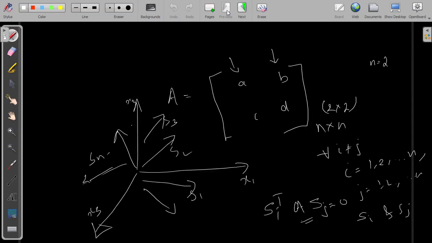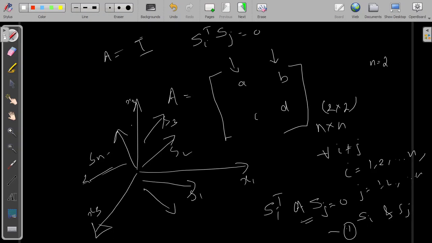Suppose in our previous definition of conjugate directions we put the A matrix equal to the identity matrix. Then what happens? Then equation 1 becomes si transpose into sj equal to 0.